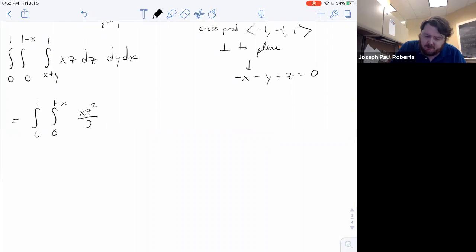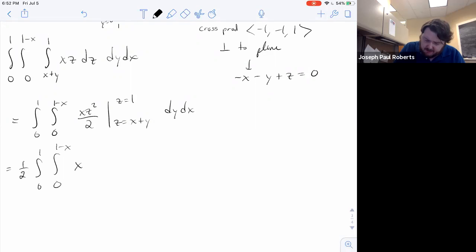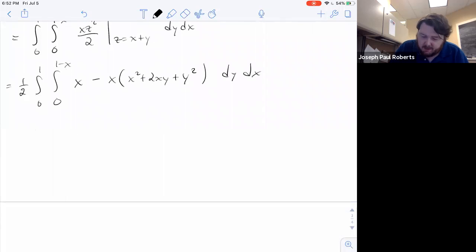The z antiderivative, of course, is xz squared over 2. And so when I plug in and subtract, I'm going to put this 1/2 out front. When z is 1, I just get x over 2. But then when z is x plus y, I'm going to subtract x times z squared, which is x squared plus 2xy plus y squared.